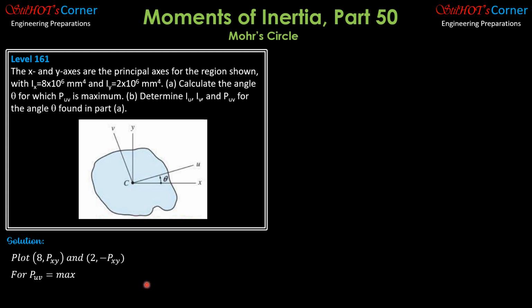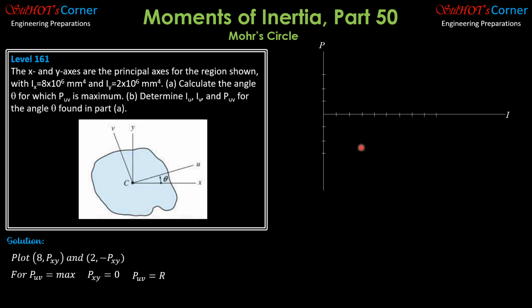If the product of inertia with respect to the xy axis is 0, then because x and y are the principal axes of inertia, the other pair of coordinates should be 0. Therefore, the radius of the Mohr circle should be equal to the maximum product of inertia, which is PUV in this case. So Pxy should be 0 and PUV equals r.